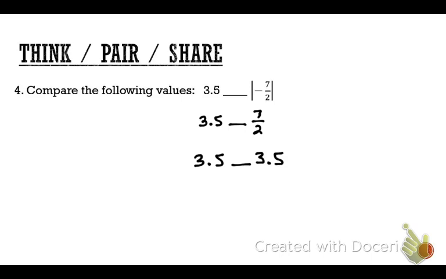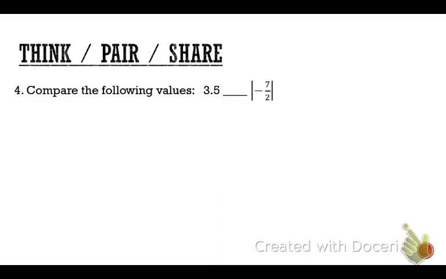So what should go in between those two? Equals, all right? So everyone, go ahead and read me what the original problem said. 3.5 is equal to the absolute value of -7/2. Great job, girls. Raise your hand if you got that correct when you did it with your partner. All right, are there any questions about it? I don't want to move on if you don't understand it.